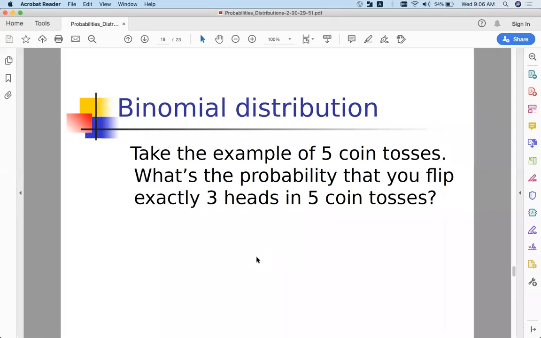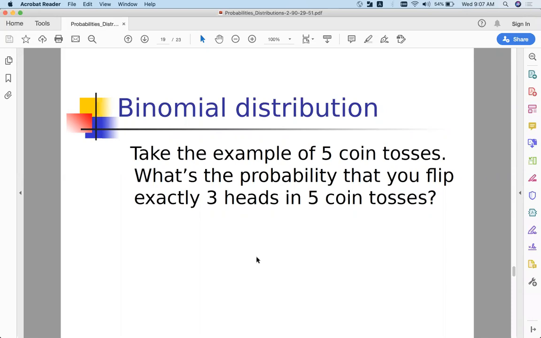Here a 5-time trial is going on, tossing a coin. Of those 5 tosses, 3 are expected to be heads, which means 2 will result in tails, because there are only 2 events, head and tail, with no other option. That is a good explanation.